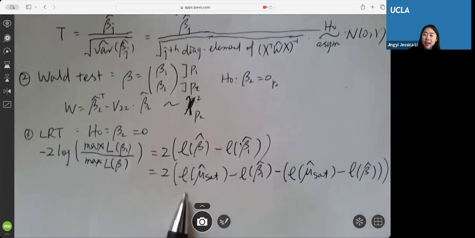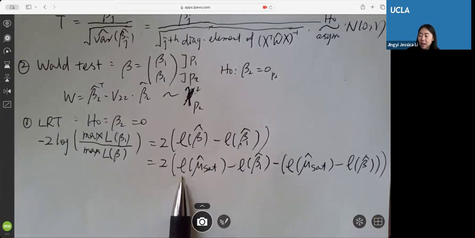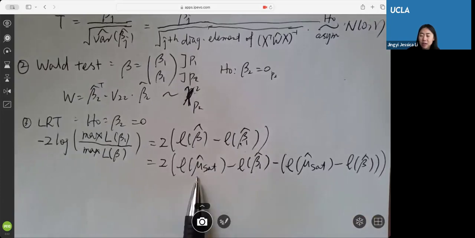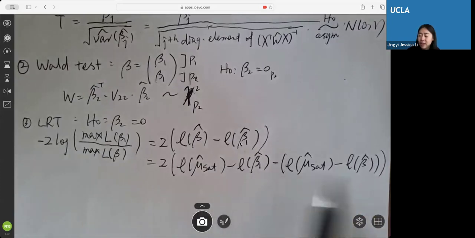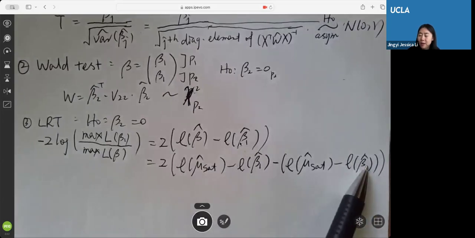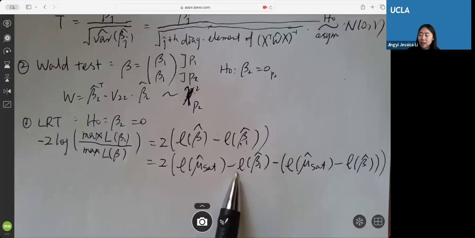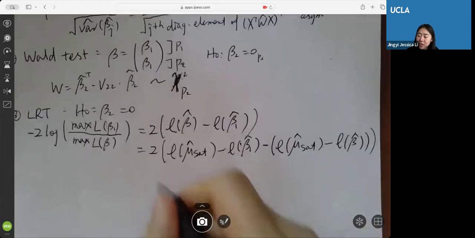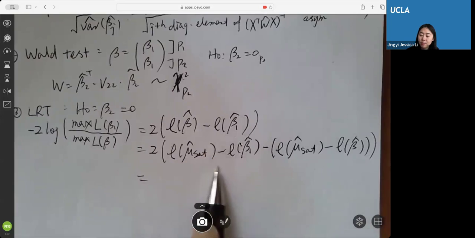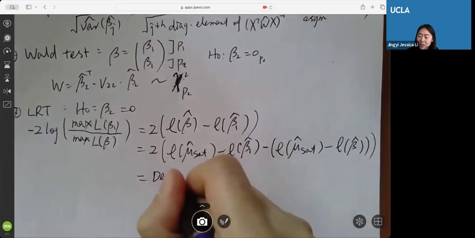So you can see that I can cancel out the log likelihood of the saturated model itself minus itself, and this double negative sign gives me the log likelihood at beta hat, and then minus the log likelihood at beta 1 hat. So essentially, you see the first term is just my definition of deviance.